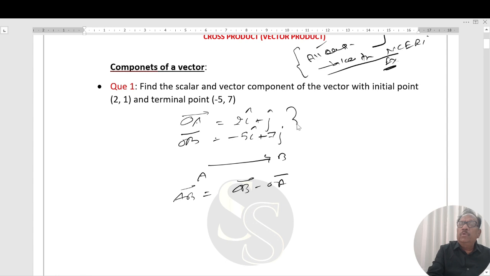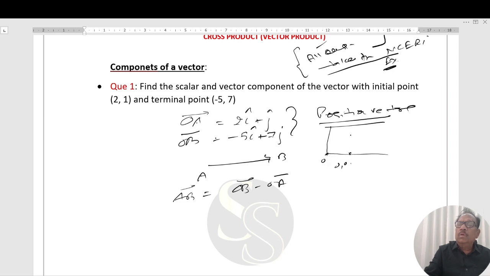These are known as position vectors. Position vectors means all the points are connected with the origin. This is the origin, A point, B point. To avoid the complexity of the figure, we avoid showing it like this.